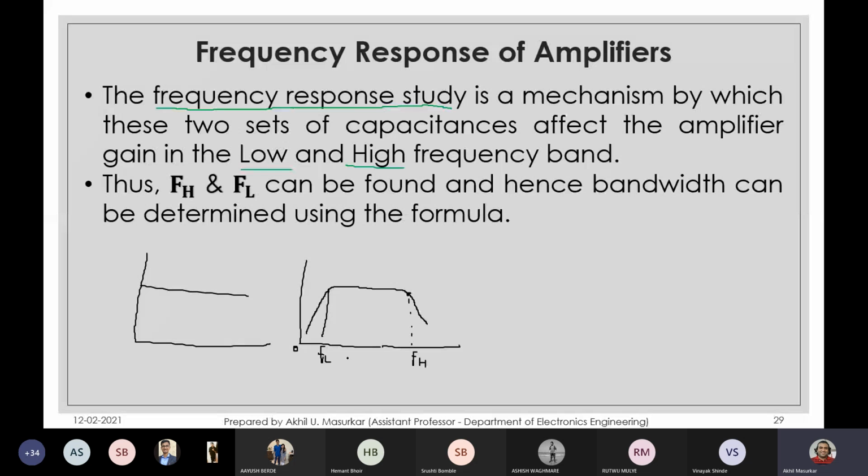So you must be studying in your PC or communication subjects, there is something called an RF amplifier. RF amplifier is connected before the signal is transmitted, before the antenna.